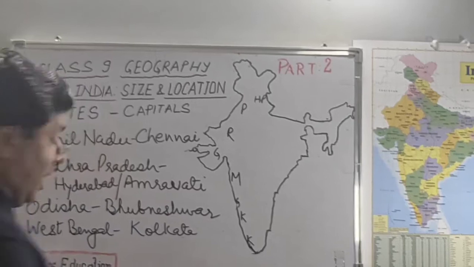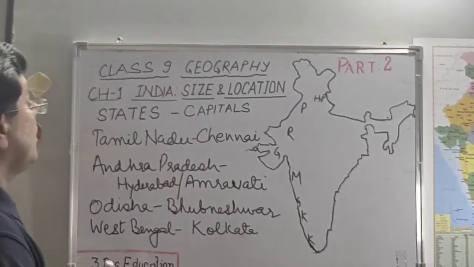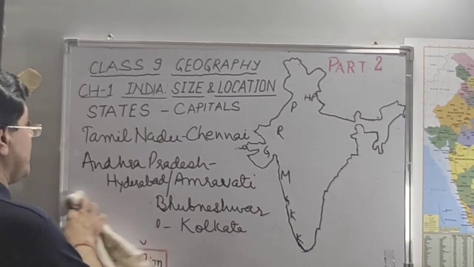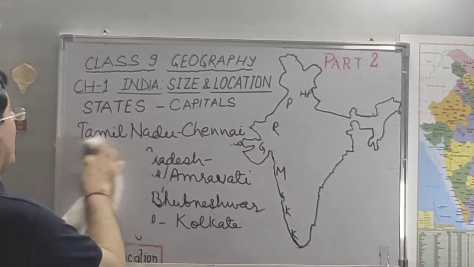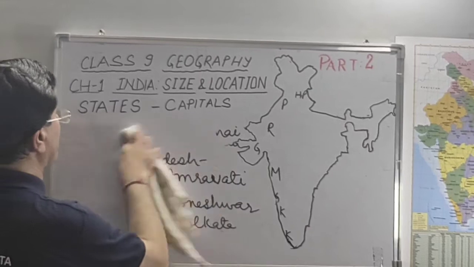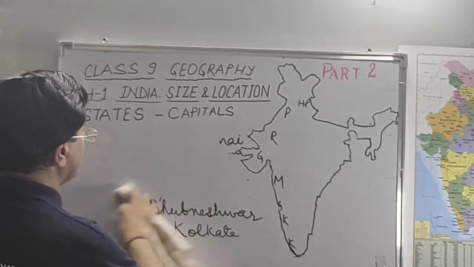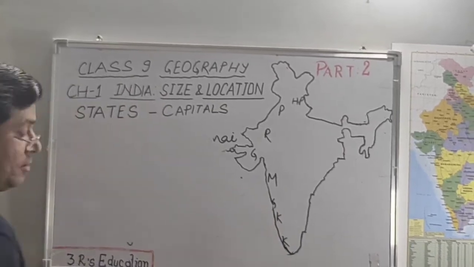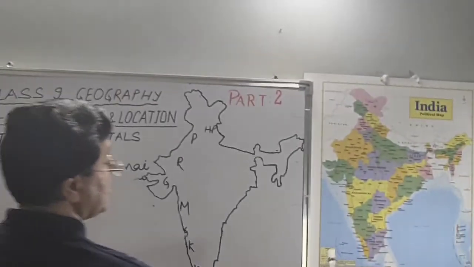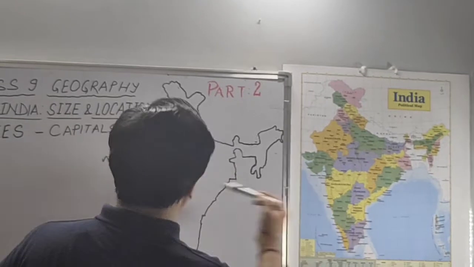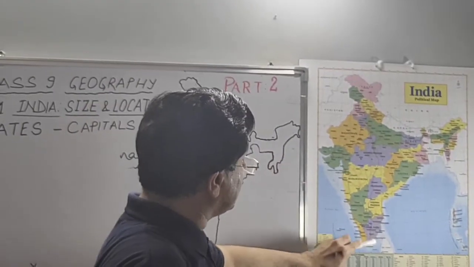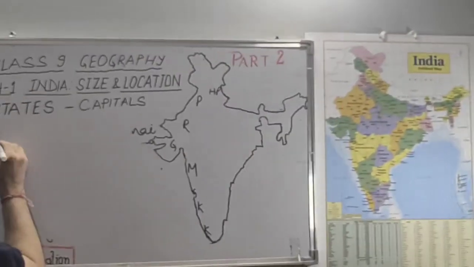Okay. After that, some more states we will discuss which do not have a coastal boundary, which are not located on any frontier also. If you see the map of India, you will find in South India, Telangana state is left in this discussion because we have done the states along the western coast and the eastern coast. So Telangana state is there.